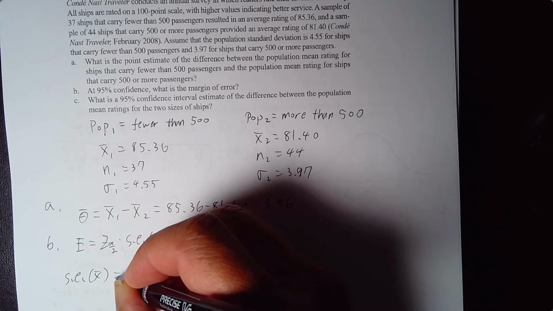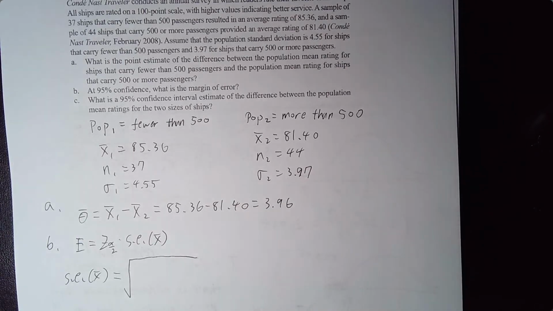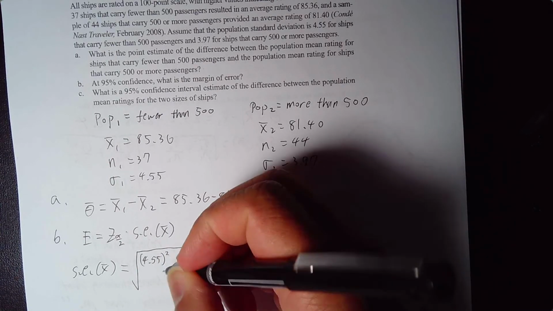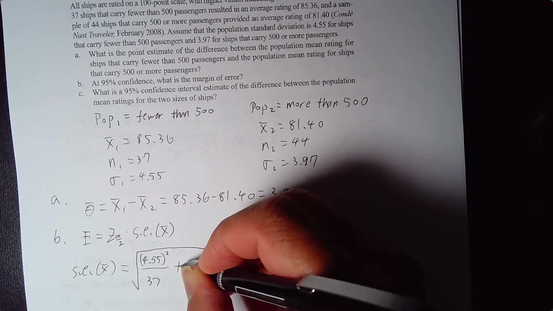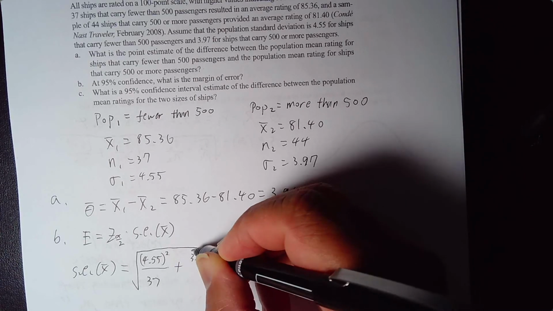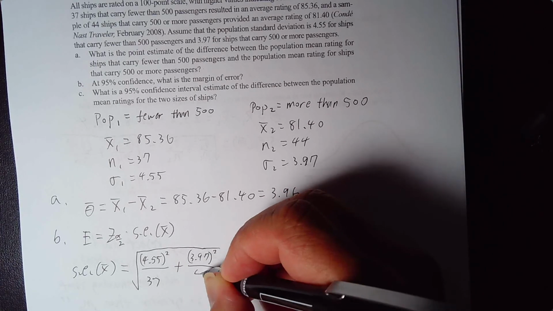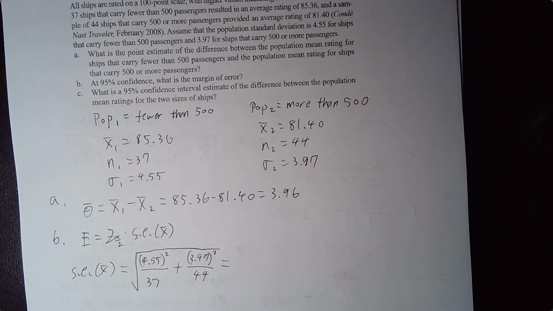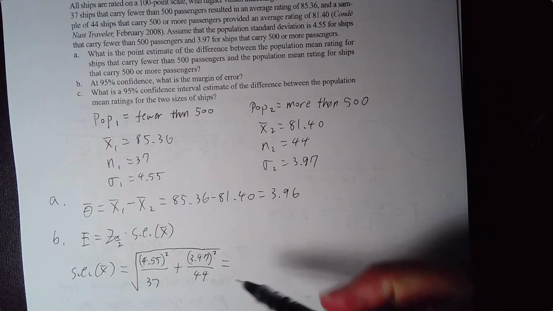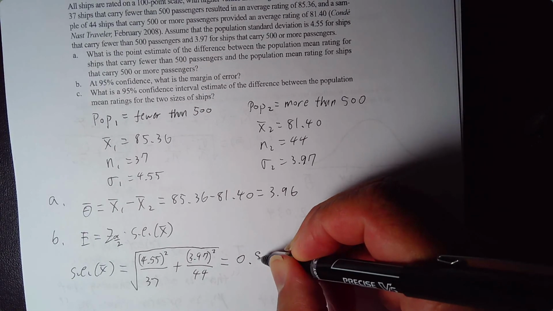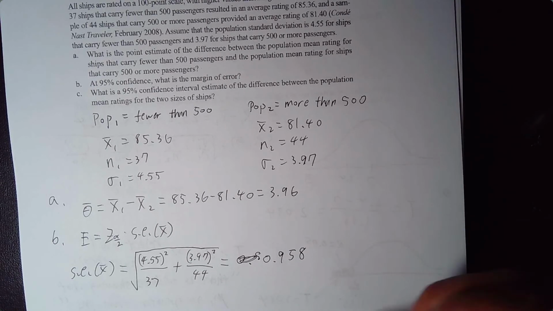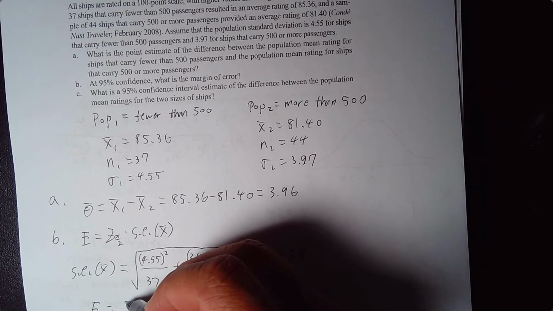I'm going to skip writing the formula and just copy the number down. Put that in the calculator, and what we get here is 0.95958.